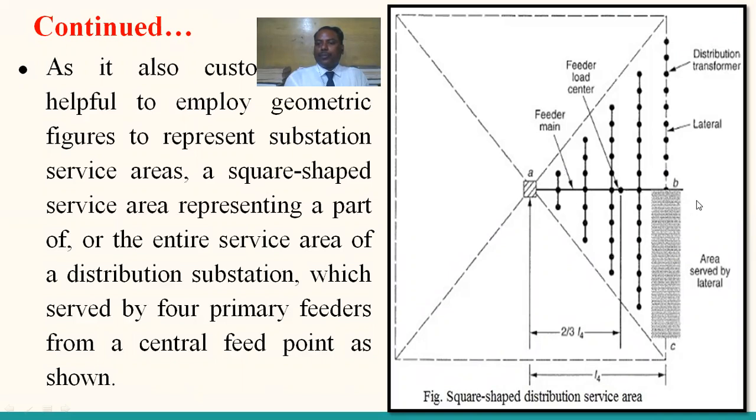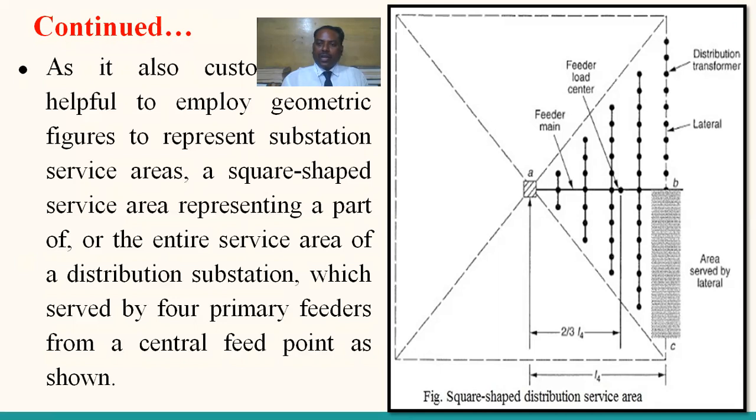So this is the one primary feeder. Like that, here you are taking only one feeder and evaluating all the voltage drops, power losses, everything per one feeder, and that should be multiplied by 4 so that you will evaluate the entire square shaped area. Why?